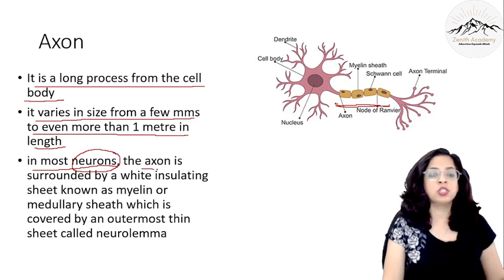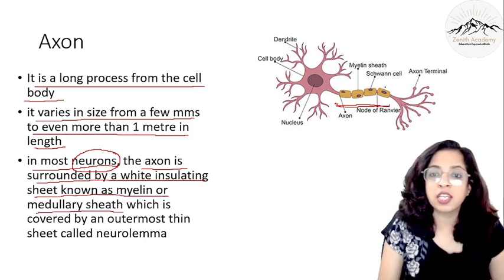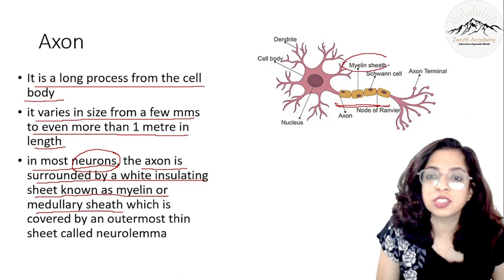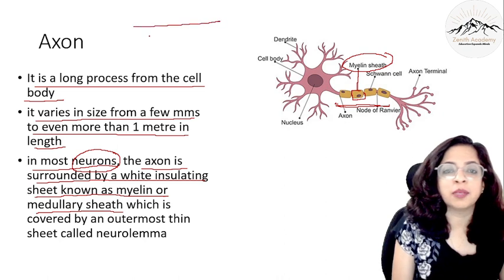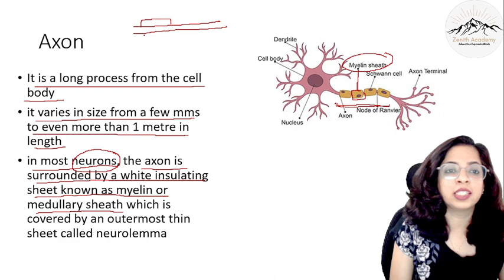In most neurons, the axon is surrounded by a white insulating sheet known as myelin or medullary sheath. Can you see here? Myelin sheath. Can you see this covering? So it is something like this. See, this is the axon and there's an outer covering like this.